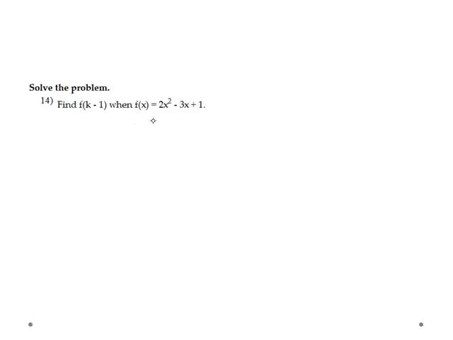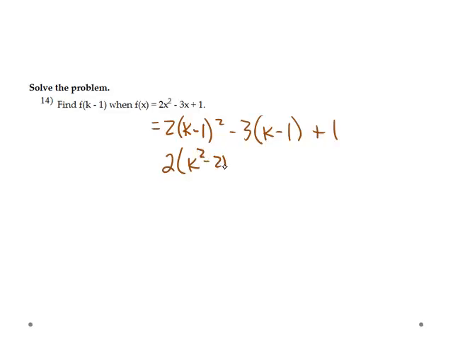solve the problem. Find f of k minus 1. So we substitute in 2 parentheses k minus 1 squared minus 3 times k minus 1 plus 1. Okay, k minus 1 squared is k squared minus 2k plus 1.